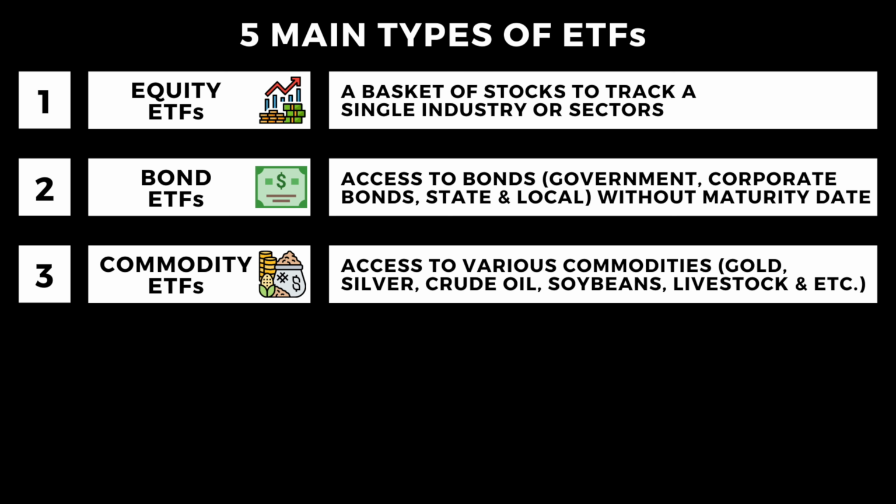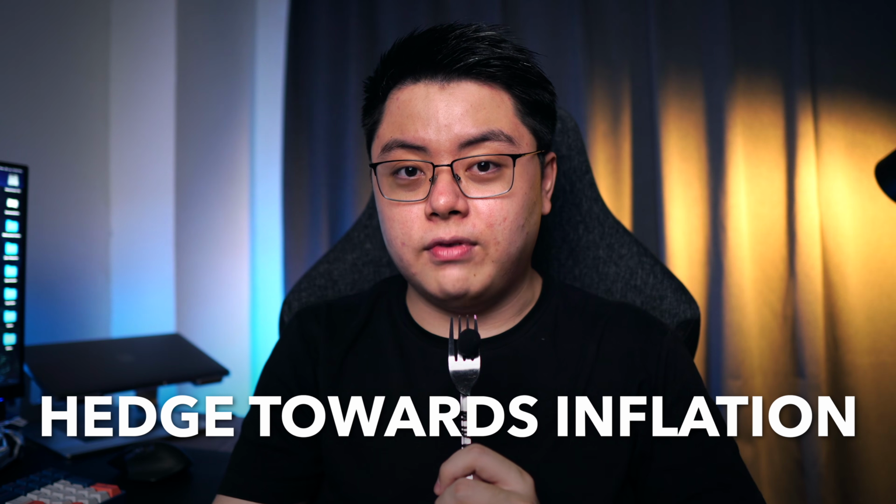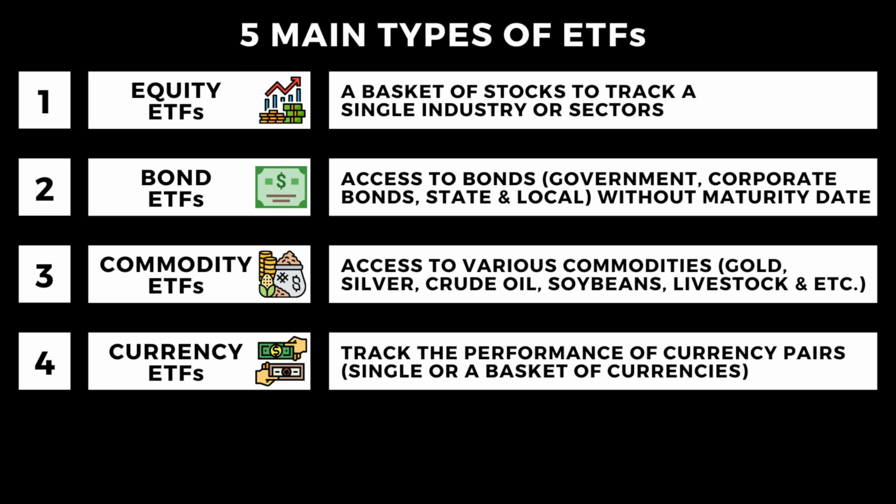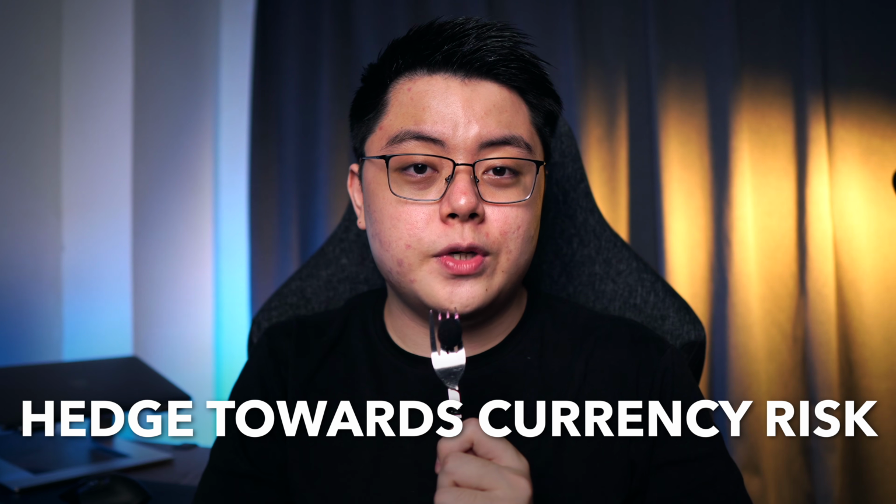The third type of ETF is commodity ETFs, which allow you to invest in various commodities such as gold, silver, crude oil, soybeans, livestock, and so many more. And historically, people invest in commodities as a means of hedge against inflation. The fourth type will be currency ETFs, which allow you to invest into a single currency or a basket of currencies, which is also a strategy for you to hedge against any currency risk if you are into that.